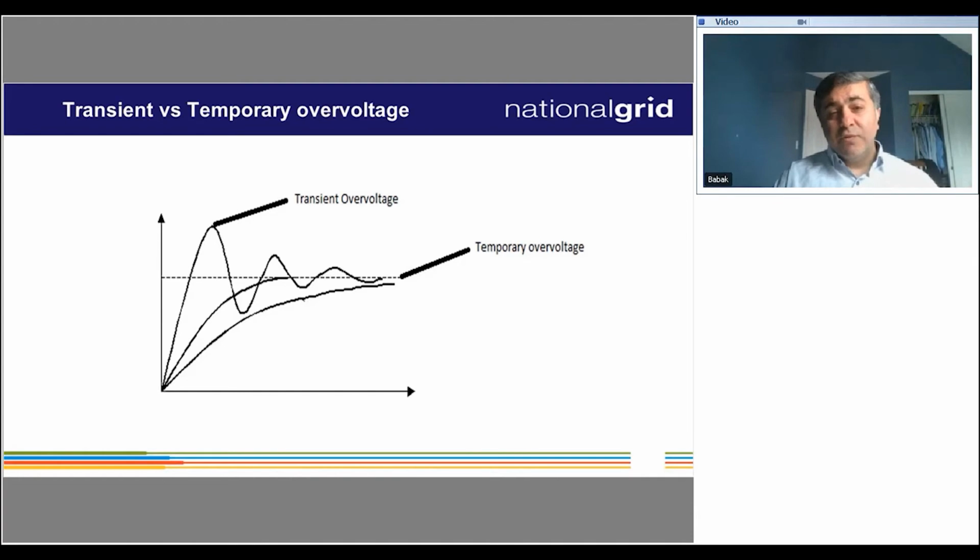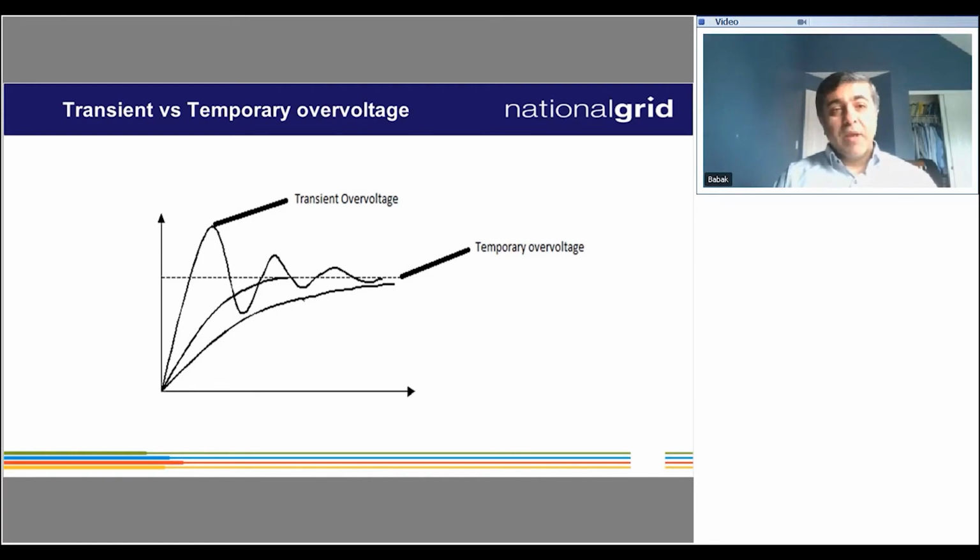But the first point, the maximum instantaneous voltage, the first overshoot, is called transient overvoltage. Temporary overvoltage is the RMS of the voltage once it's settled at the new magnitude. So temporary overvoltage is RMS. Transient overvoltage is instantaneous.